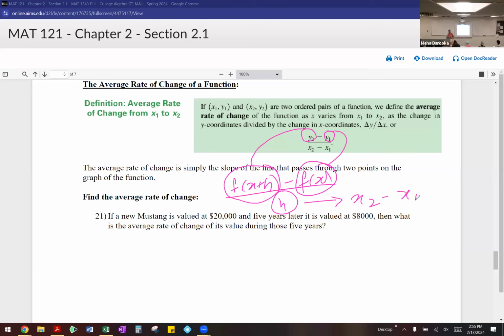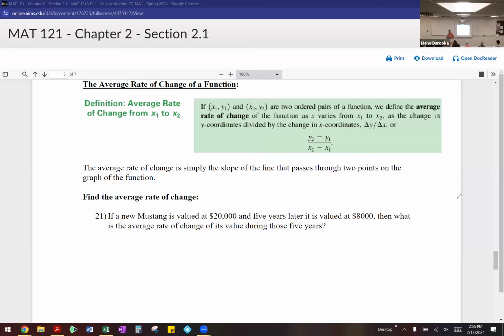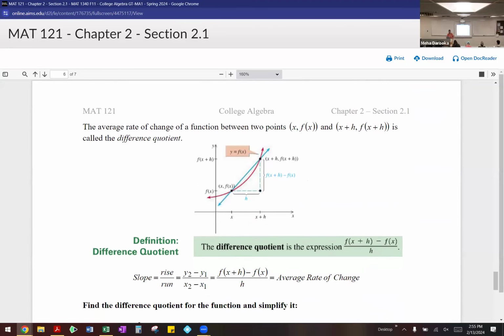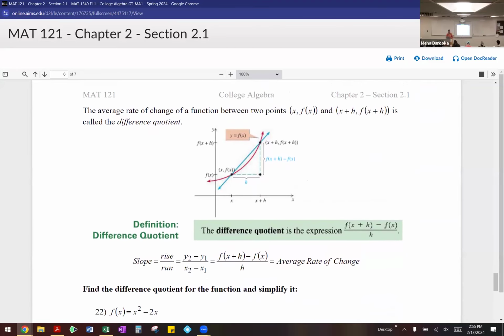Now you will see there are examples, like that word problem here, just kind of showing you how the average rate of change would work in an application. So again, you can find that in your spring 2020 lectures if you wanted to look at it. You can kind of see they did a little bit of a graphical explanation of how the difference quotient works.